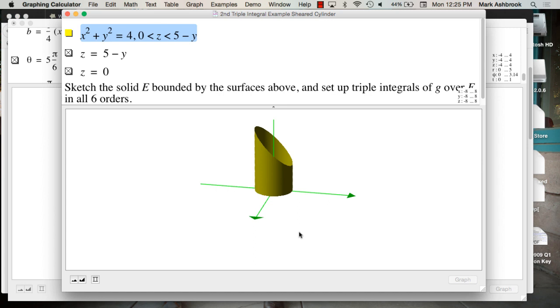This is easiest in cylindrical coordinates, right? We set up a bunch in rectangular coordinates. You're going to be doing dy dx dz in rectangular coordinates. But the easiest, most efficient way to solve this is cylindrical. Go. You have 2 minutes. Don't just set it up. Just set it up. You don't have to solve anything.